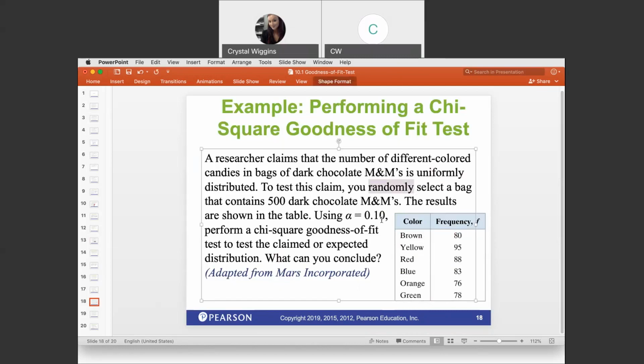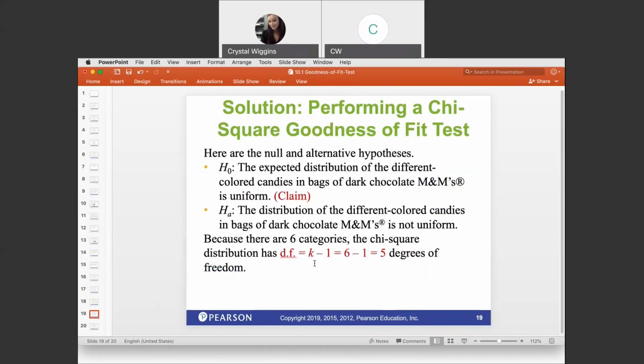And we need to make sure that our expected values are all greater than or equal to 5. But we can check that after we actually run the Rguroo test so that we don't have to do the calculations out by hand. We set the null and the alternative, the null being the expected distribution of the different colored candies in a bag of dark chocolate M&Ms are uniform. And our alternative is that they are not.